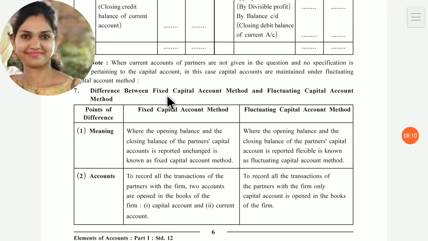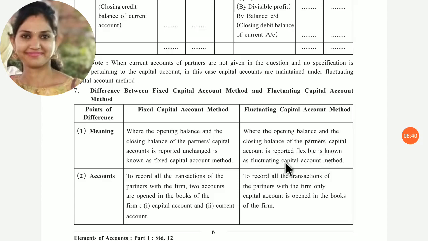Now the difference between the fixed capital account method and the fluctuating capital account method. In the fixed capital account method, the opening balance and the closing balance of the partner's capital account are reported unchanged, meaning the same. Whereas in the fluctuating capital account method, the opening balance and the closing balance of the partner's capital account are reported flexible, meaning they may change.